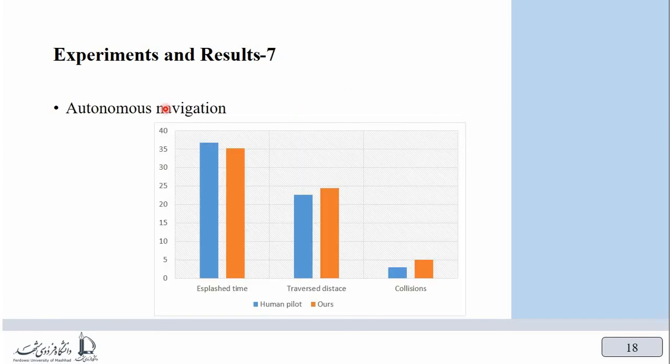In the end, we decided to run our agent autonomously in an urban environment in order to navigate through obstacles and through streets. We compared it with a human pilot.